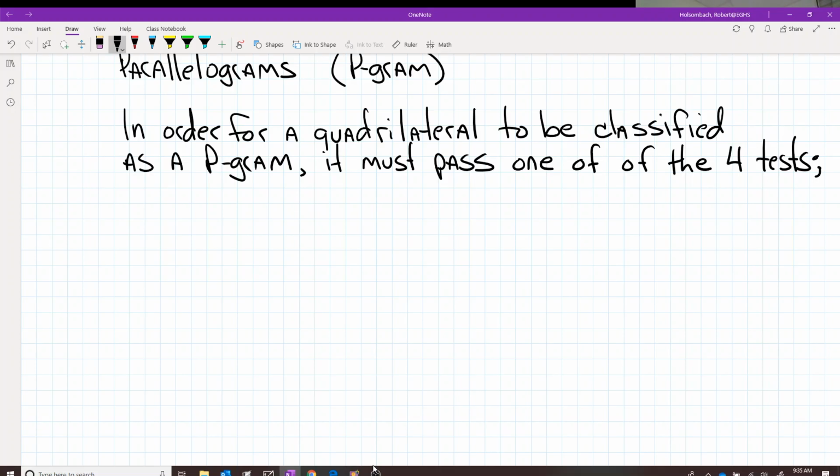And let's see, test number 1. Both pairs of opposite sides congruent.